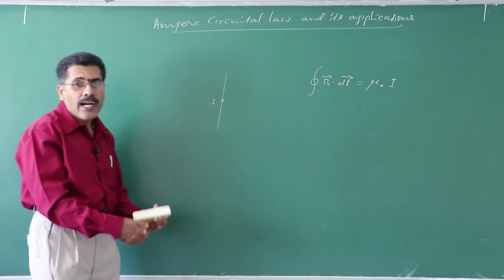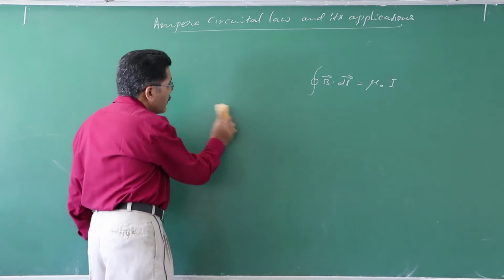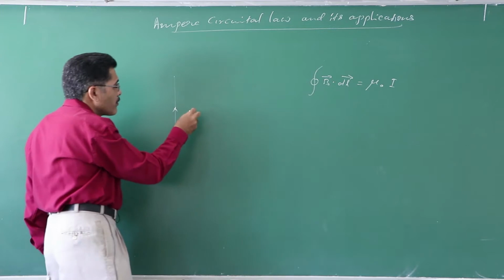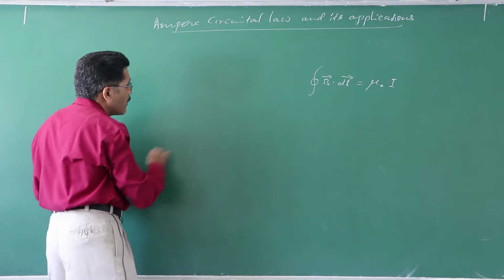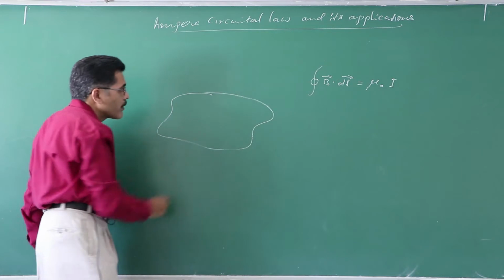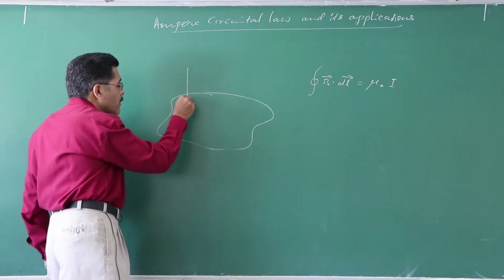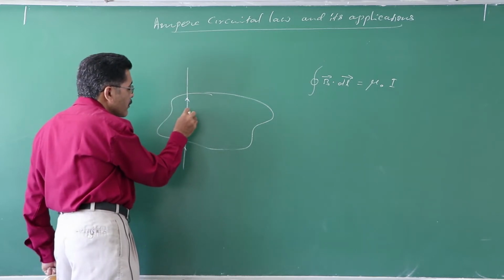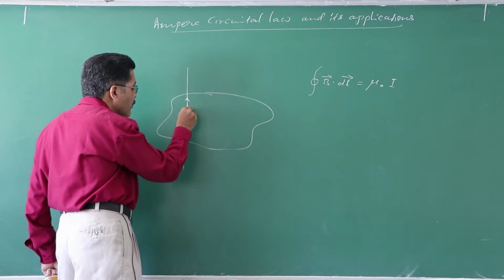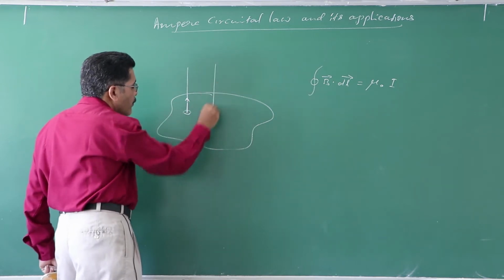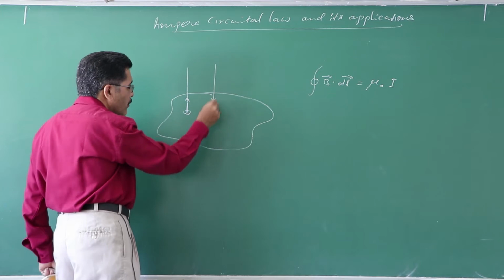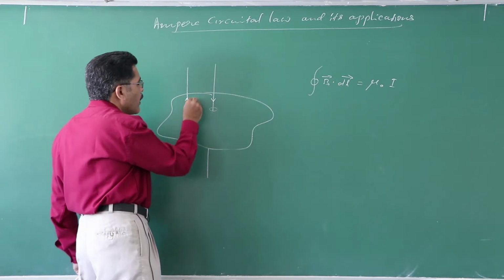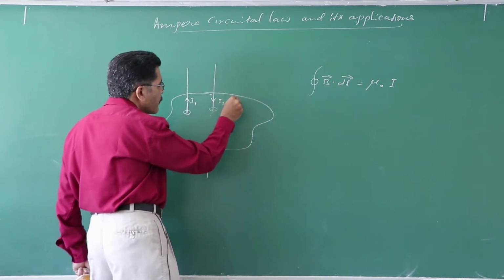Let us understand that through an example. Let me consider currents. This is the surface. This is the current I1, this is I2.